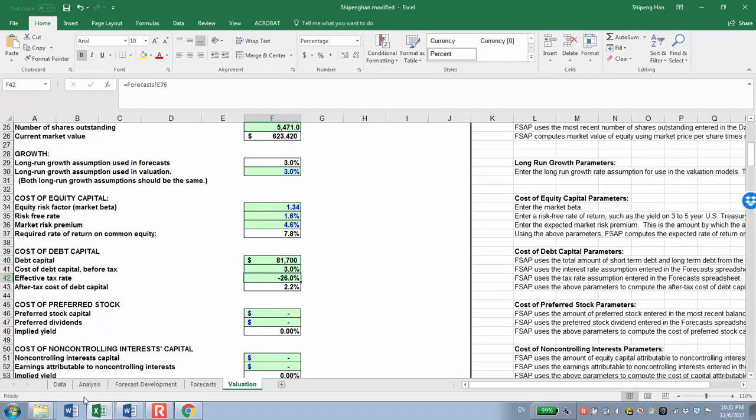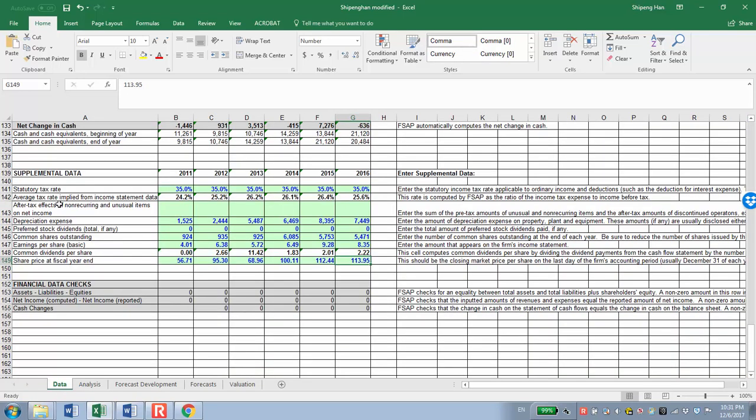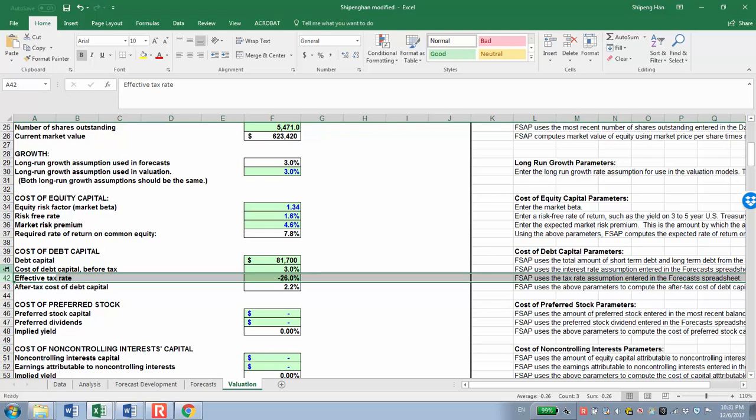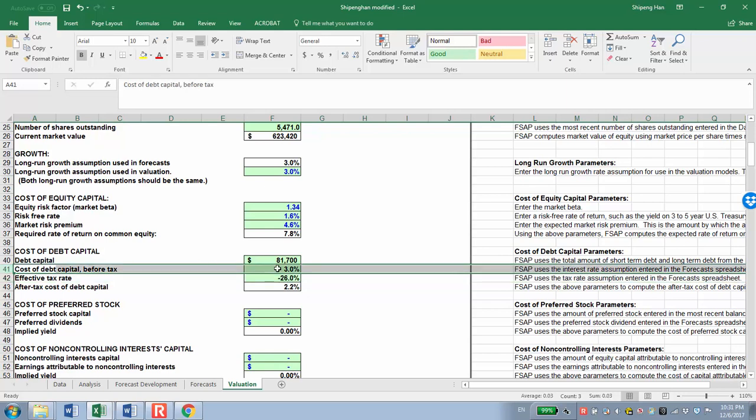Where we got it is here. When we forecast the financial statements, and when we calculate the interest expense in the forecast financial statements, I assume the effective tax rate in the future is 26%. That's why I use negative 26% to represent the effective tax rate. As I said, I just use a median number, 3%, as the cost of debt before tax.